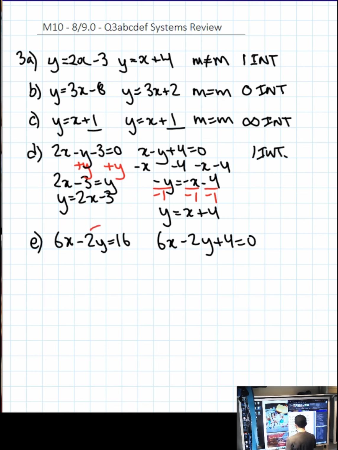I'm going to bring this over here and this over here. Now remember, we're actually doing algebra. So when I add 2y to both sides, I end up with 2y on this side. When I subtract 16 from both sides, I end up with 16 on this side.